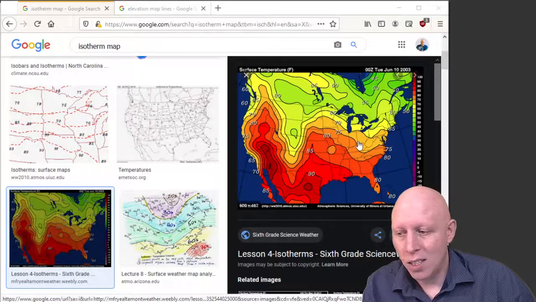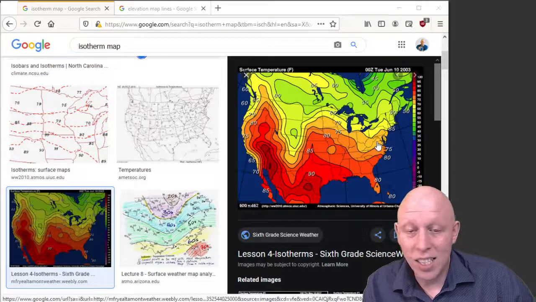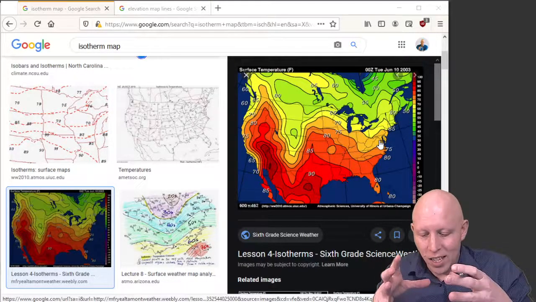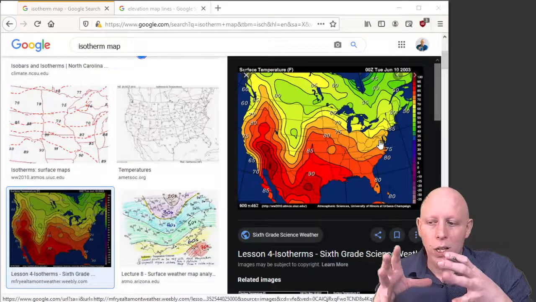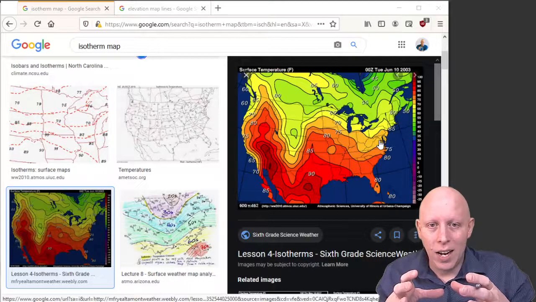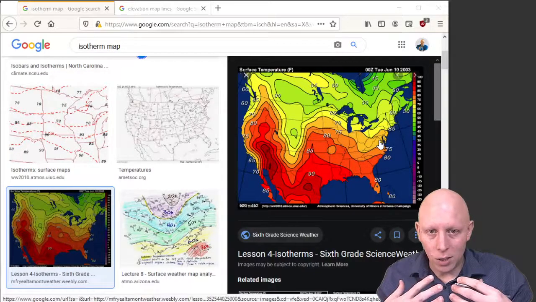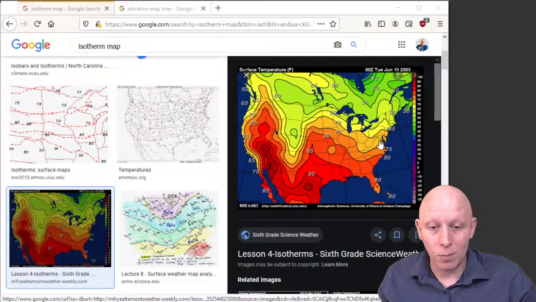Every place in the United States or in the world has a temperature, and you'd like to say there's a function that takes your current position, latitude and longitude, and says what's the temperature at that location. It takes in two variables, your latitude and your longitude, and gives out your temperature there.